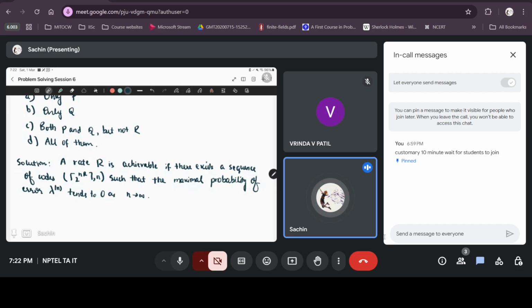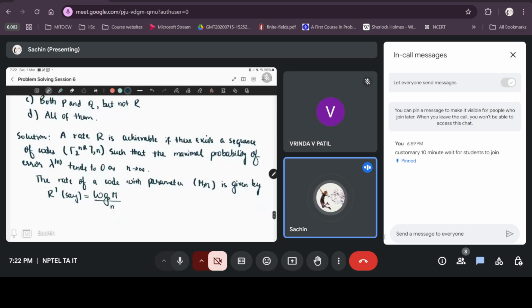But also in the lecture we saw that the rate of a code with parameters (M, n) is given by, let's call it R dash, log of M by n.